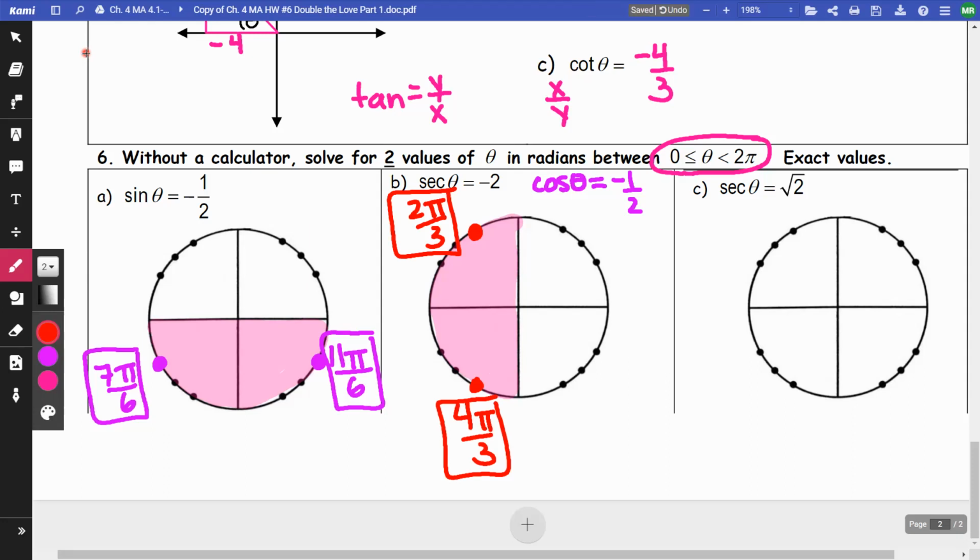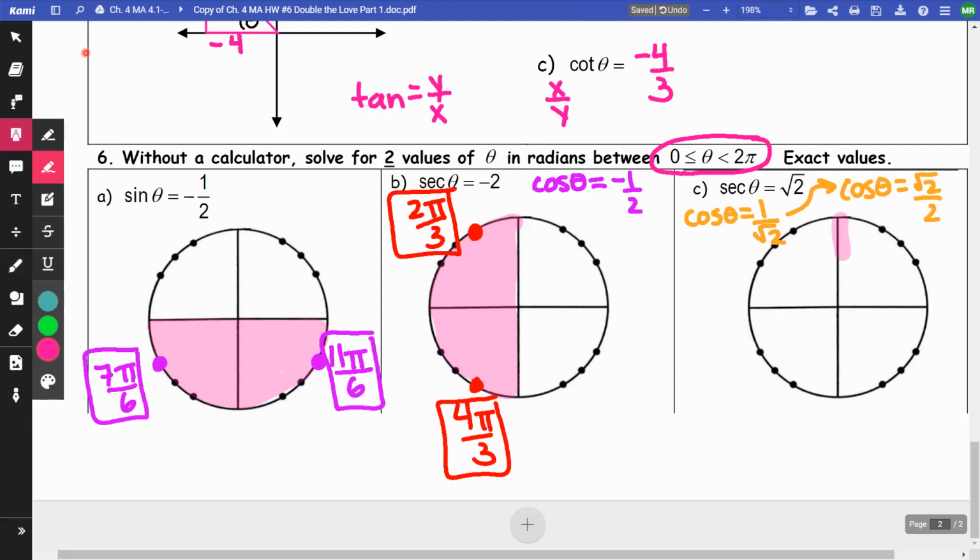Secant is the reciprocal of cosine. So this is really going to be cosine theta is 1 over root 2. And that cleans up to cosine theta being root 2 over 2 when I rationalize. Now, my cosine is positive in quadrants 1 and 4. So this is where I'm going to be.